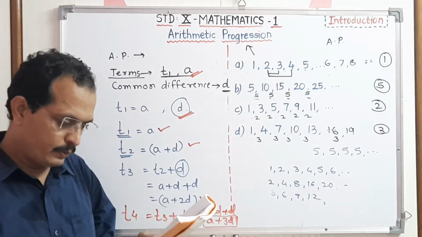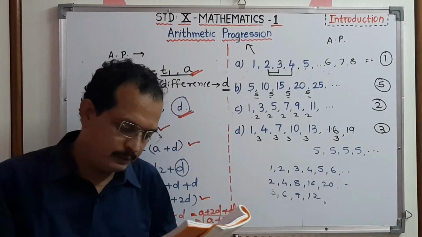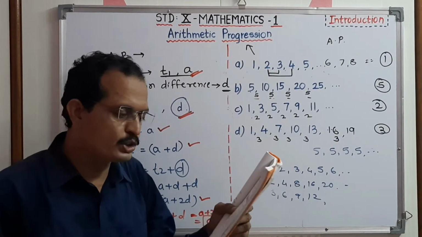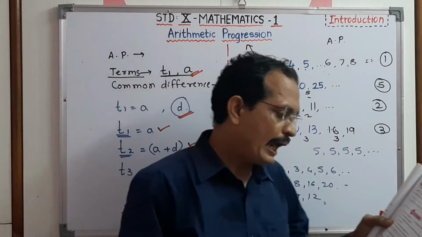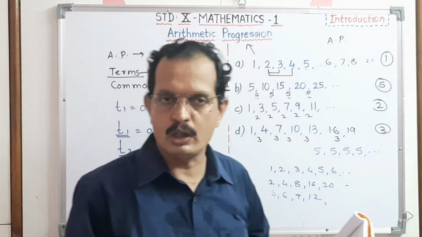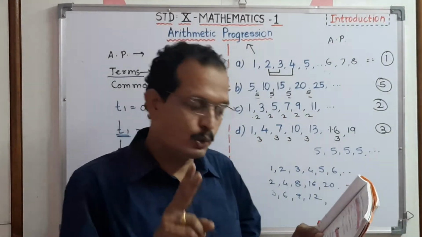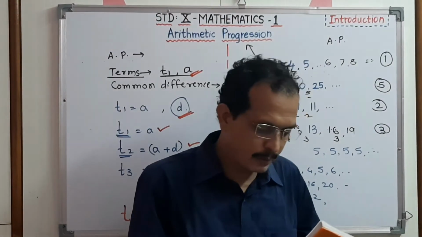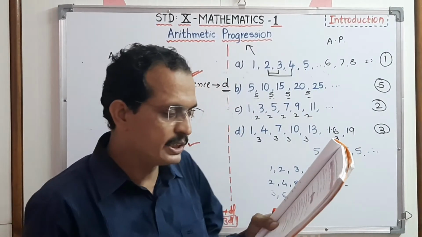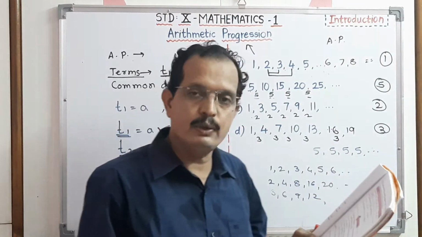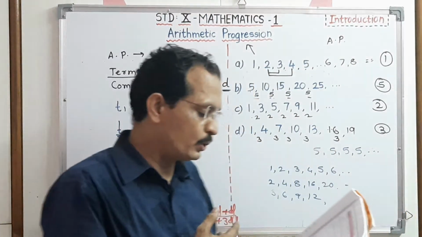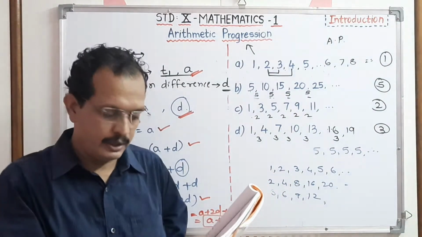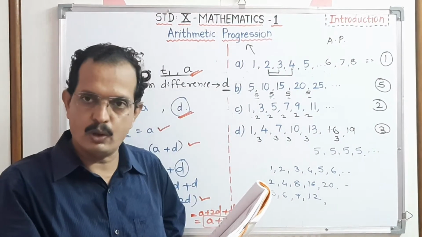Then the second one is given: in an AP, the difference between two consecutive terms is constant and is denoted by small d. The difference d can be positive, negative or 0. I have told you that the difference d can be positive, negative or 0.